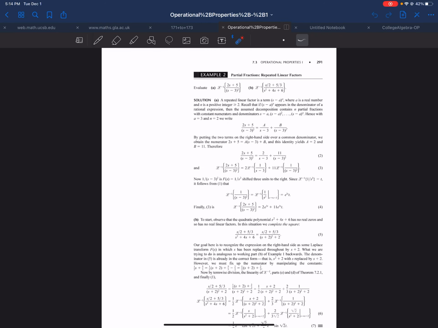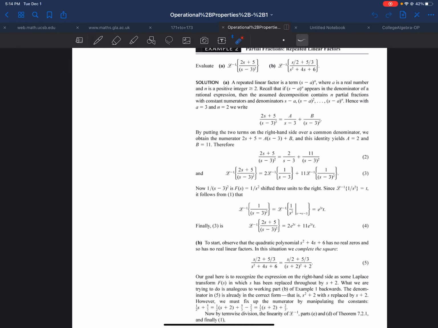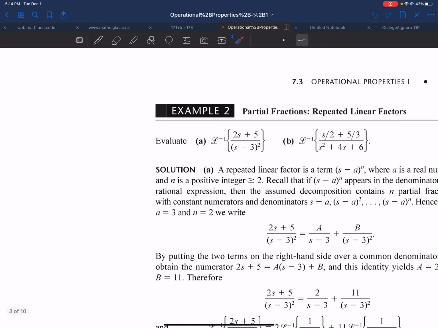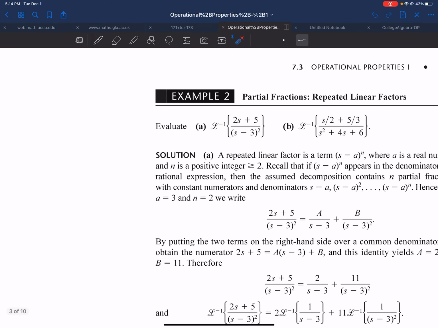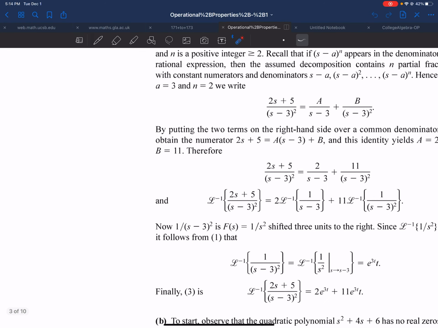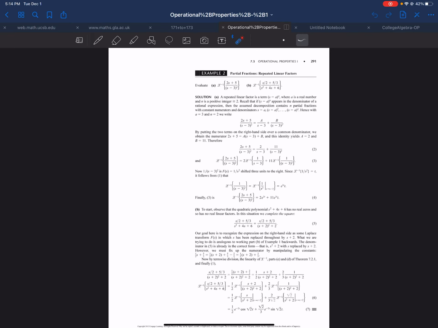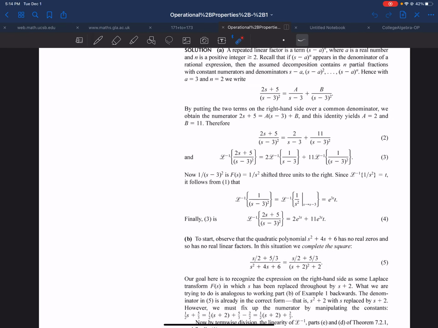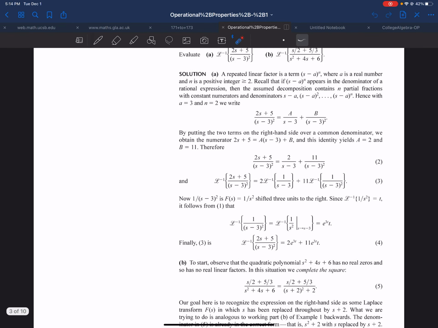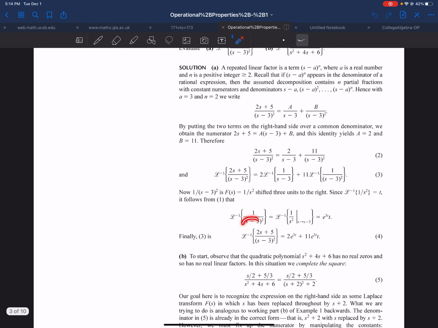This one takes partial fractions, and so here you're going to break it apart into its pieces. And then now we're going to pull back on this. So notice this is the inverse Laplace transform. And when I pull it back, I see that I got an s minus 3 squared. But that s minus 3, that's a translation. So that I don't need to worry about. That's just going to be an e to the 3t times it.